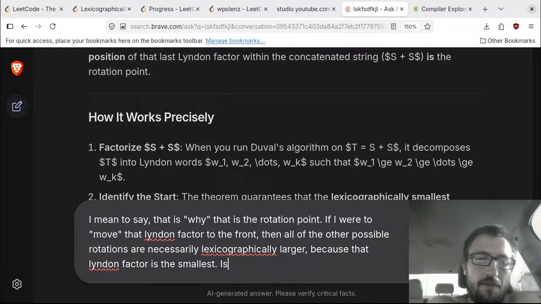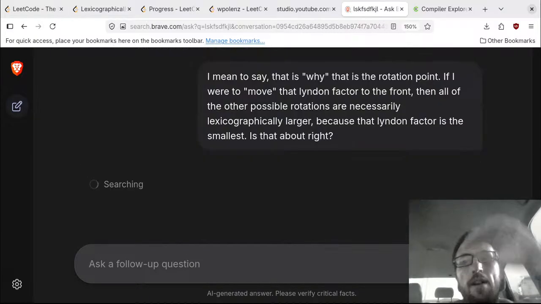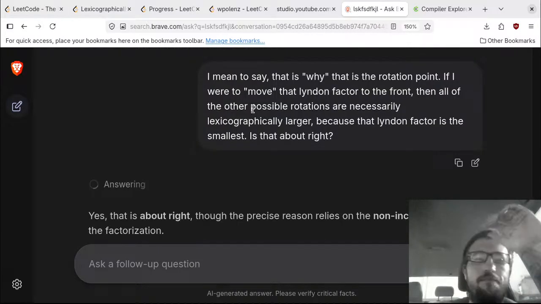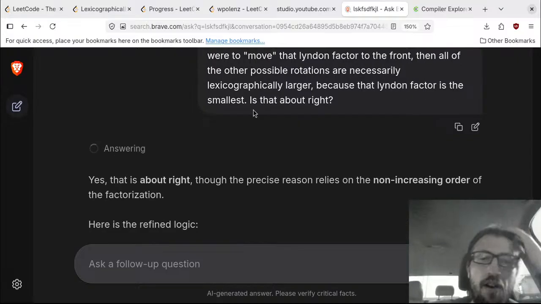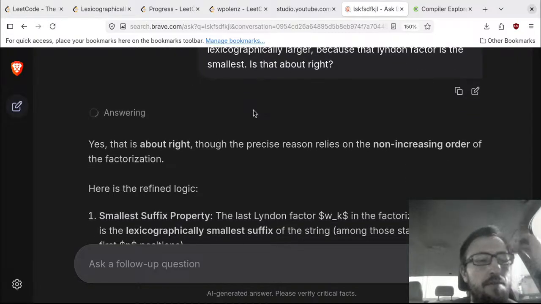The precise reason relies on the non-increasing order of the factorization.